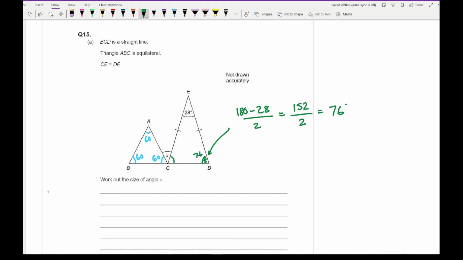So this angle here is 76, and this angle here is going to be 76. Now angles on a straight line add up to 180, so angle X is going to be 180 minus 60 minus 76. These two numbers added together give me 136. So it's 180 minus 136, which leaves me with an answer of 44 degrees. So X equals 44.